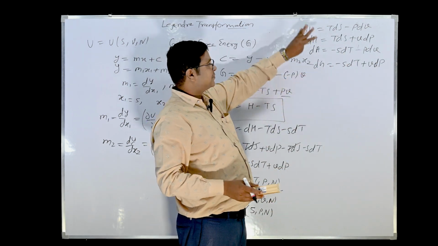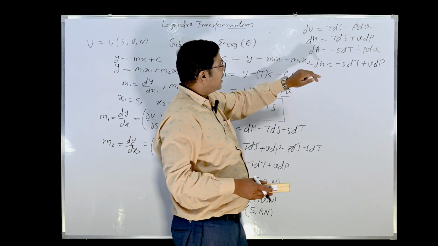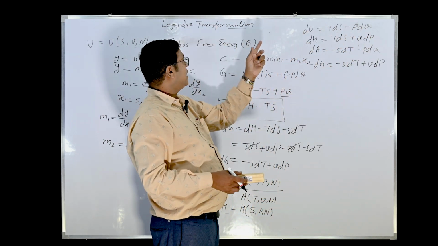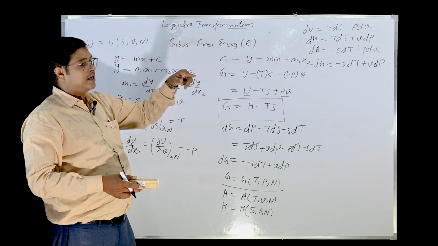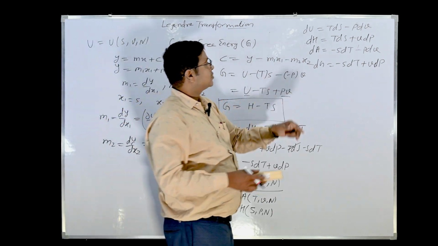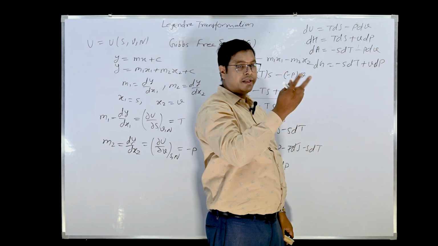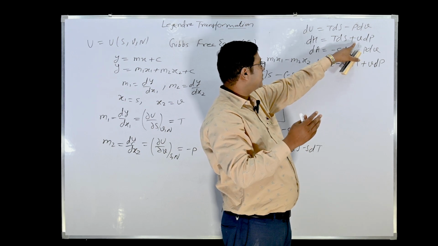Or we simply see these four relations. dU is equal to TdS minus PdV, and at the very beginning in the Legendre transformation, I replaced the variable V, an extensive property, with another intensive property, pressure. So when I replace this variable, the negative symbol is changed to a positive symbol.